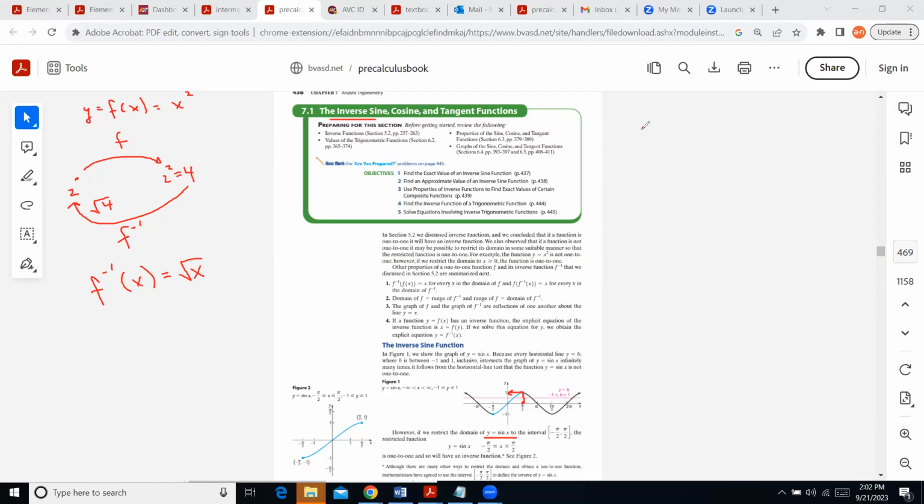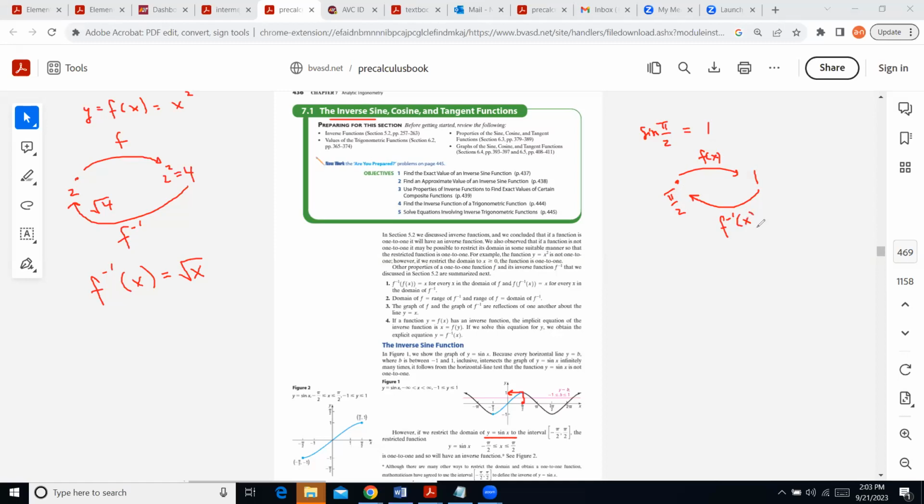So, for example, if you take sine of pi over 2, like I just saw on its graph, then you get a value of 1. The inverse function to sine, which sent pi over 2 to 1, needs to return that number 1 back to pi over 2.